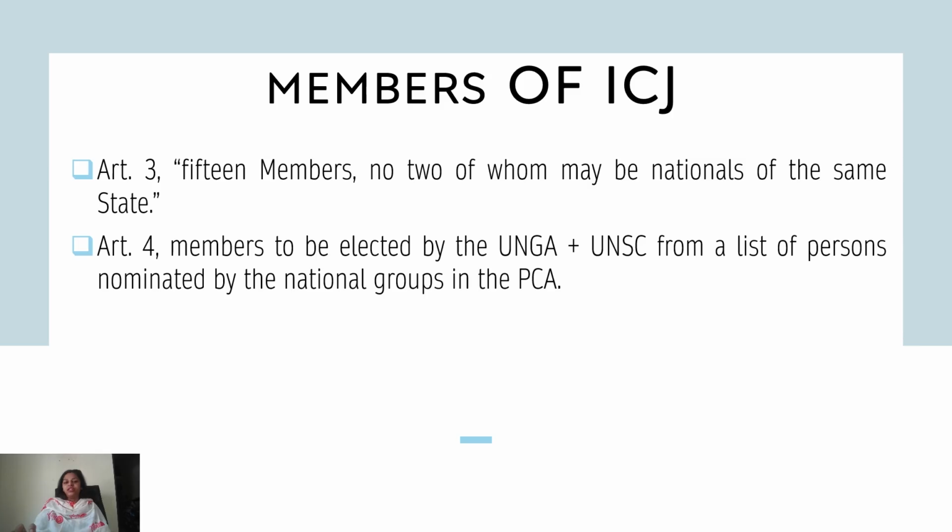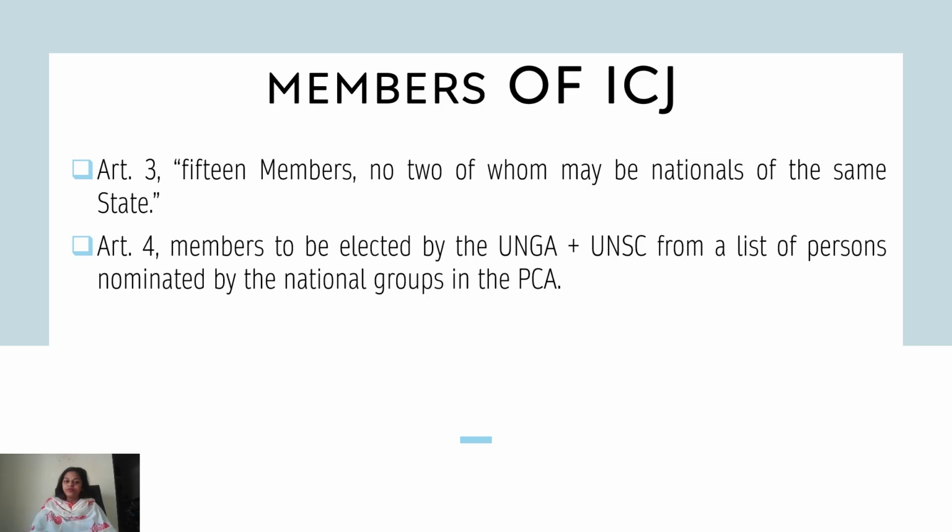Members of International Court of Justice are to be elected by 2 bodies of United Nations, which are the General Assembly and the Security Council. So General Assembly and the Security Council, they draw the members to be elected, and this is drawn from a list of persons which is nominated by the national groups to the Permanent Court of Arbitration.